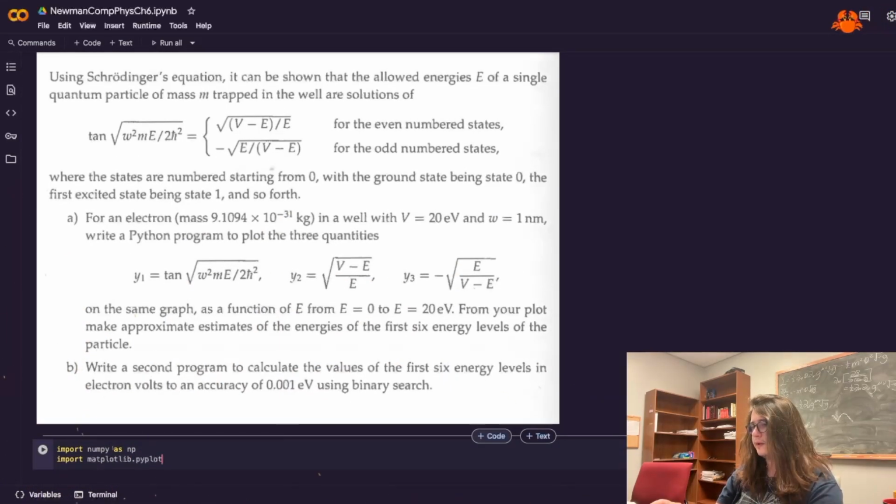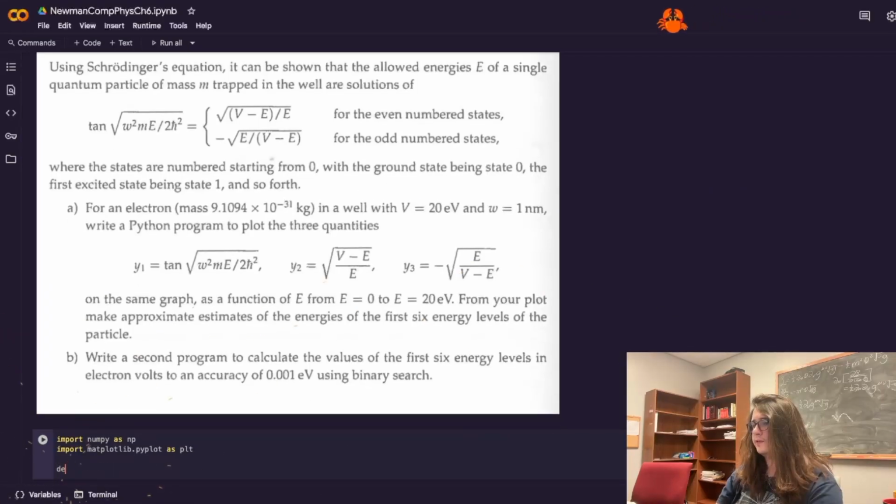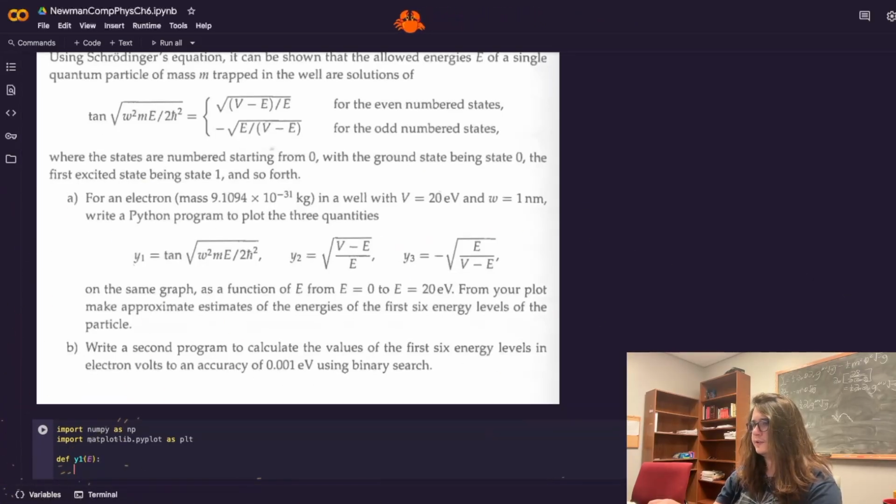textbook as DLT. So I'm going to define some functions, y1 of E, which is going to return, I better define some physical constants as well.